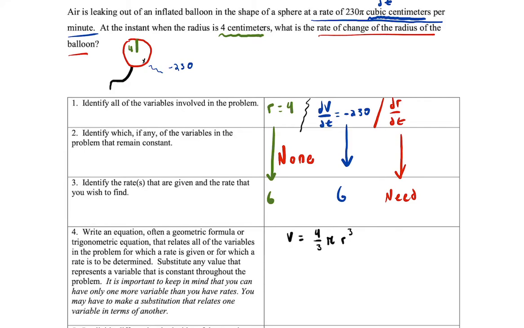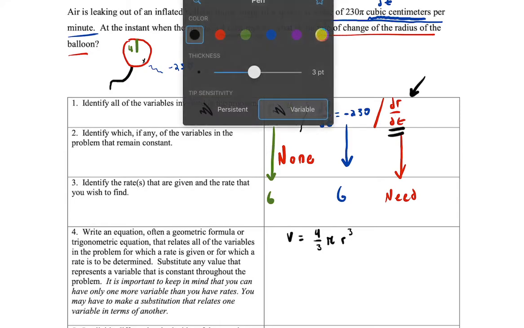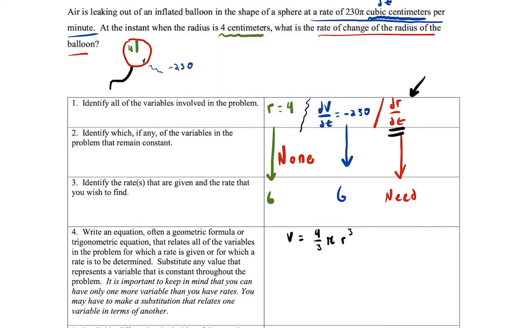And remember, what we want to know is what is the rate of change of the radius with respect to time. So what we are going to do is differentiate both of these sides. We're going to take the derivative with respect to time, and this is going to require our remembering of implicit differentiation.